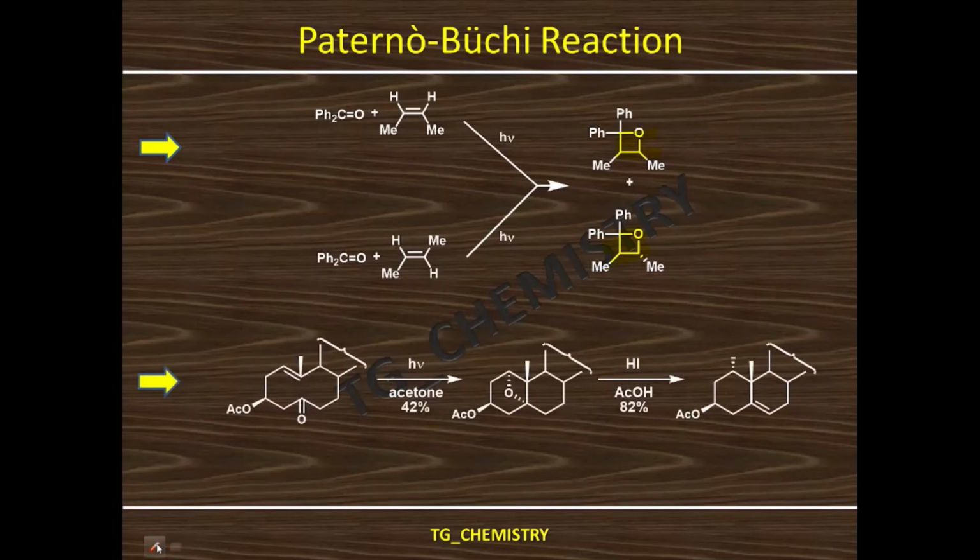Here the olefinic pi bond and the carbonyl group are involved, and eventually end up with an oxetane ring structure. Upon reaction with hydrogen iodide and acetic acid, this can form a bicyclic 6,6 fused structure, which is a part of the steroidal ring system. So in those cases also the Paterno-Buchi reaction is applicable.